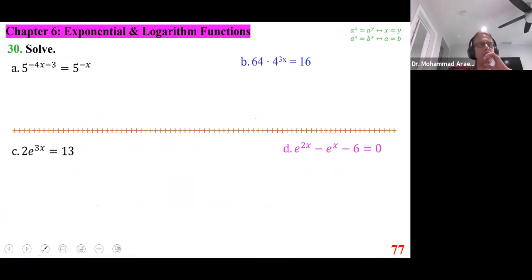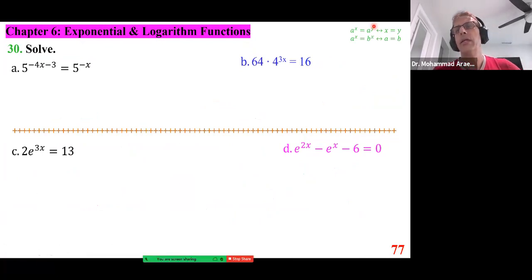Let's look at some equations. Basically, if we have the same base, we must have the same exponent. If they have the same exponent, we must have the same base. We have the same base 5, so the exponents must be the same.